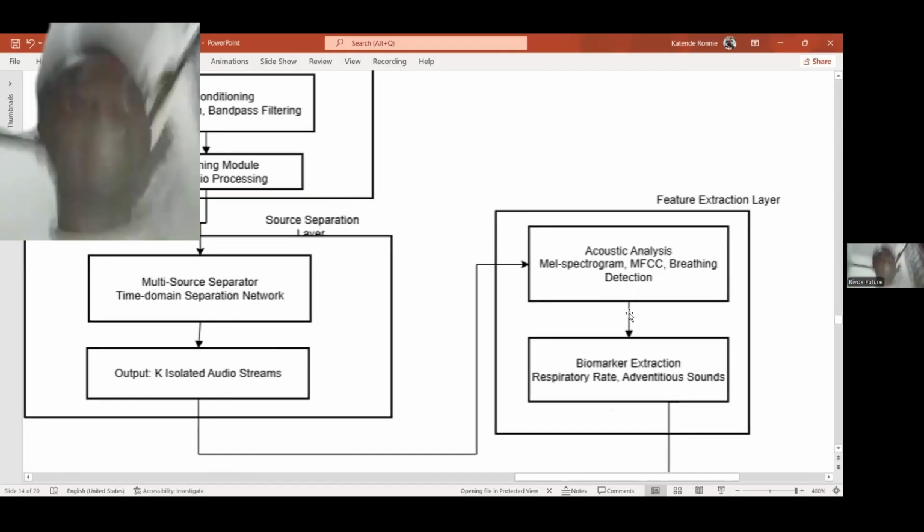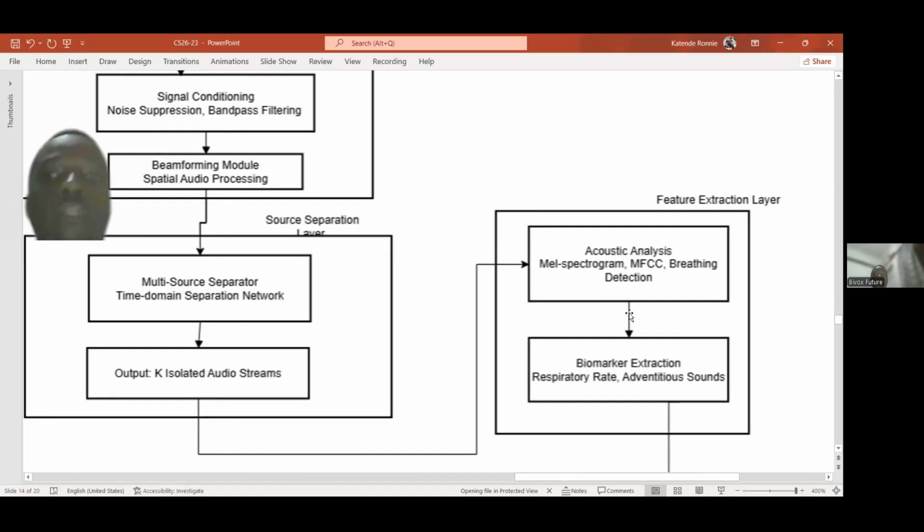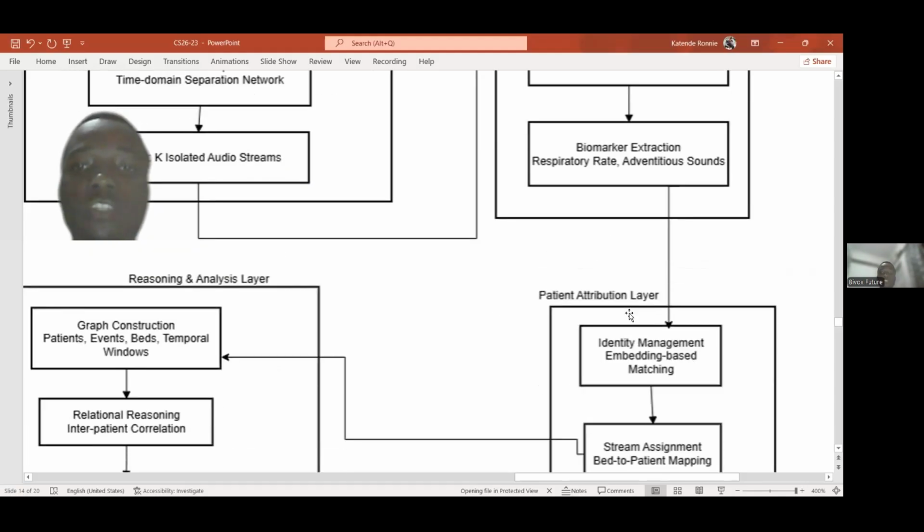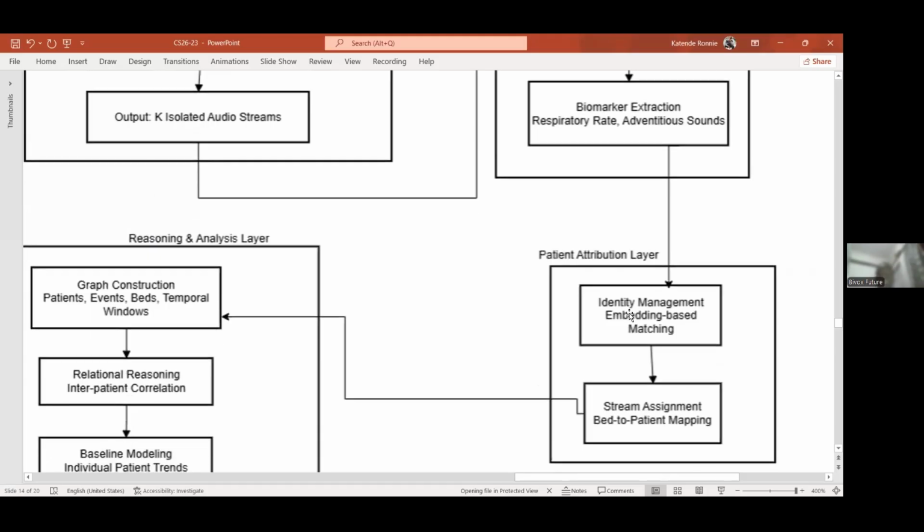Is it able to determine the crackles, or what exactly do we need? Because there are different breathing rates, but was it able to extract that exact breathing that we want, like the crackles and the whistles?